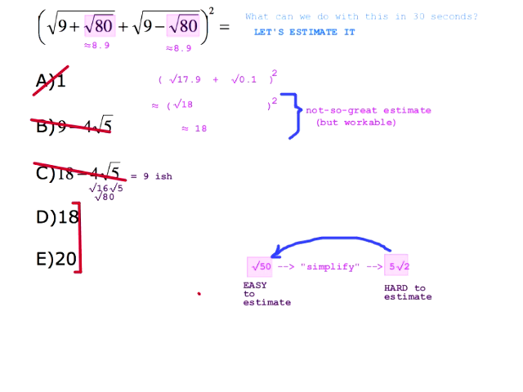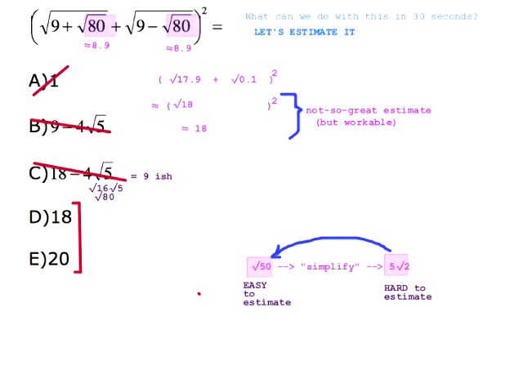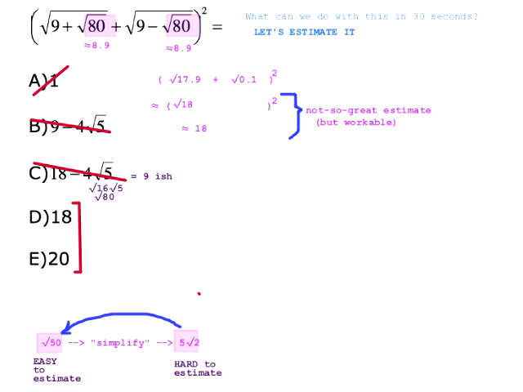Now, there's 2 ways to proceed here. The first way to proceed is to know what wrong answers look like. And this is not every wrong answer in the world. But if you look at 18, 18 is the kind of answer that people would guess if they just ignored the square root of 80s because they thought they canceled, and incidentally did algebra incorrectly too.